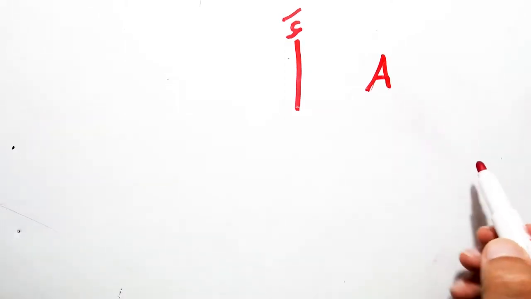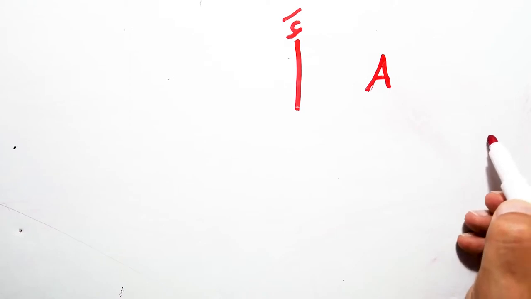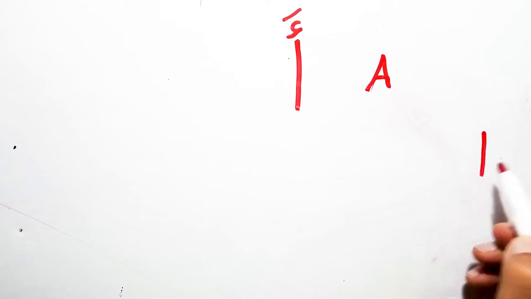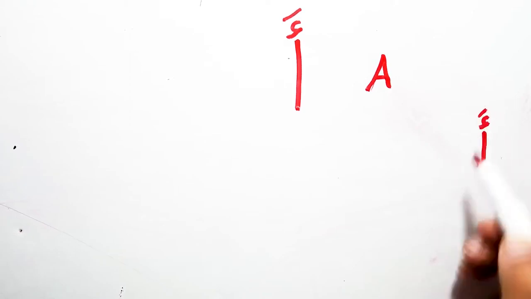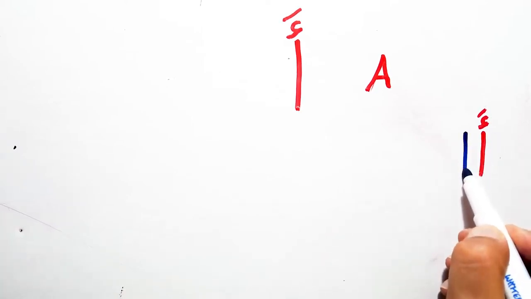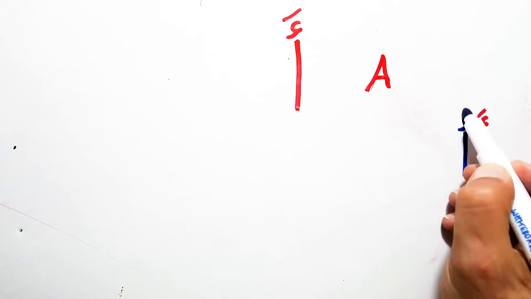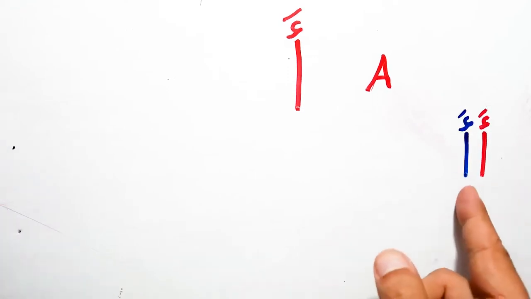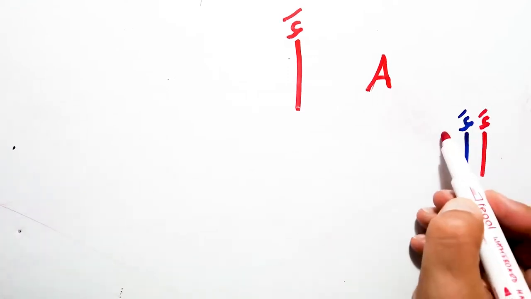Now let's write a word. Let's see a in the beginning of the word. A in the middle of the word. Let's see a in the end of the word.